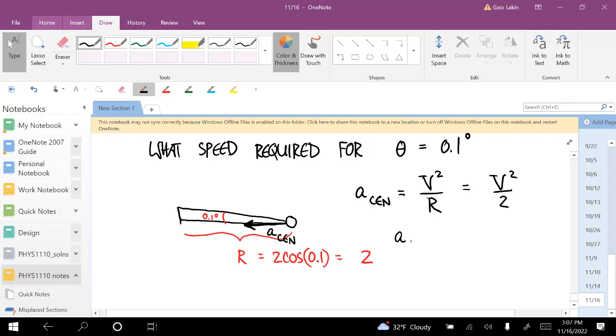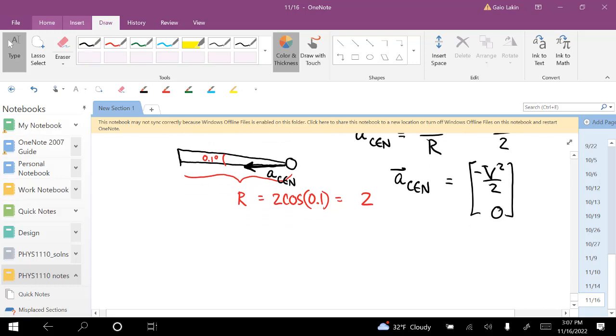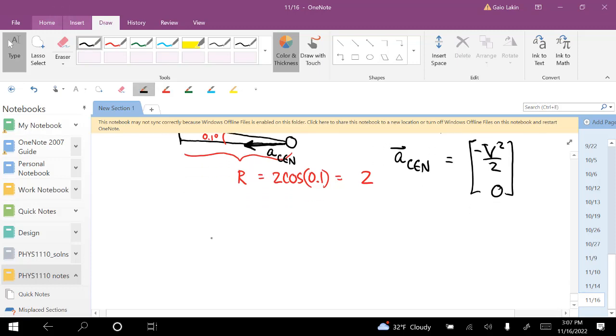So the centripetal acceleration vector is negative v squared over 2, and then 0 for y. The free body diagram: there's a weight force down of 9.81. There's a cable tension that's almost horizontal, but not quite.